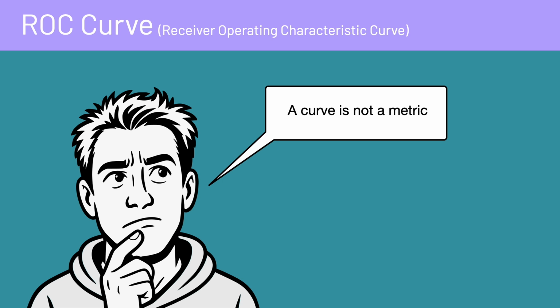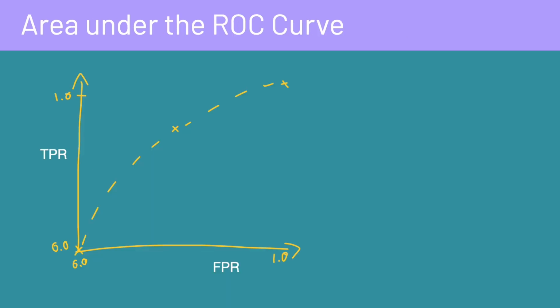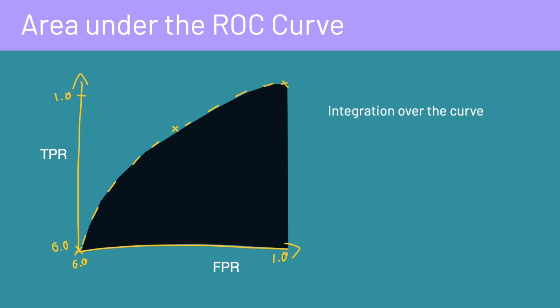But a curve is not a metric, and we would like to have a single number. So what can we do about that? By effectively integrating over the curve, we can calculate the area under the curve. The minimum sensible value is 0.5, as this is what can be achieved by setting random values alone.